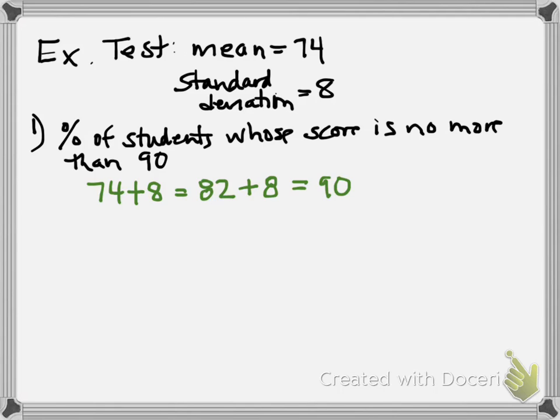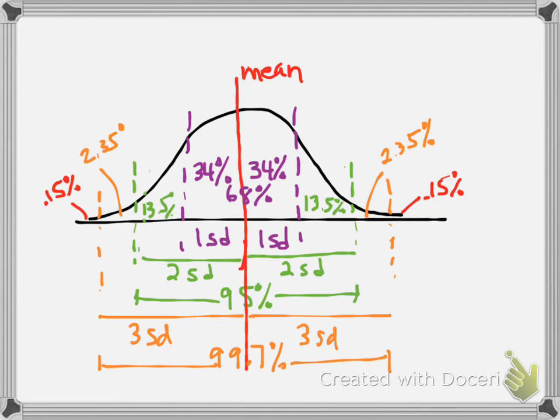Okay, so I've got the left side from the mean, that all of those kids are in that category, and then I've got to the right side 2 standard deviations worth. Okay, so let's think about it. So from the left to the mean, if we go back and look at our bell-shaped curve, from the left, 0.15, 2.35, 13.5, 34.